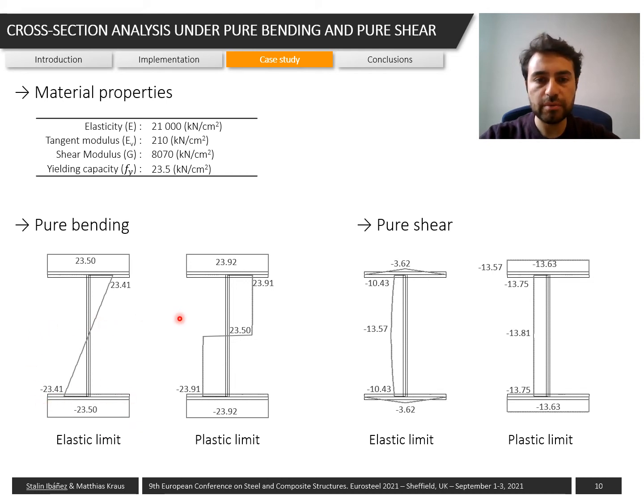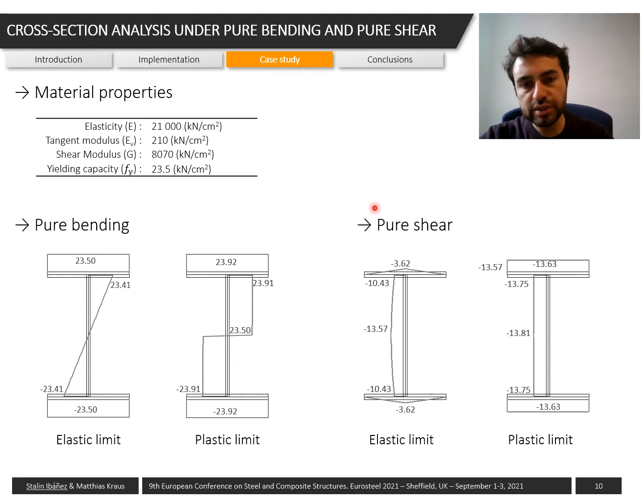When we increase further the load level, we see how the plasticization starts from the upper and lower part of the web to the center of the web. We can also notice here that in the upper and lower flange, the yielding capacity has been increased according to the hardening rule that we have defined.